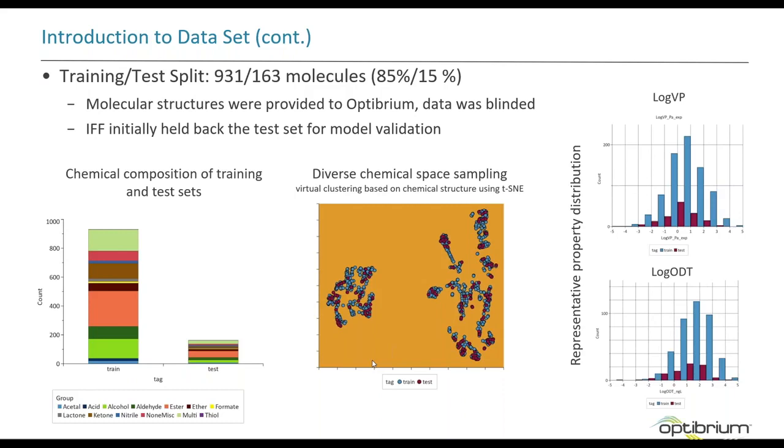So, because we're mostly interested in filling in these missing data points in our database, we decided to select the compounds in the test set such that they maintain the observed distribution and the diversity in chemical space, as shown in these 2 plots, an acceptable distribution across all major odor categories, and also show consistent distributions between the training and test sets for all the properties of interest that we would like to model in this study.